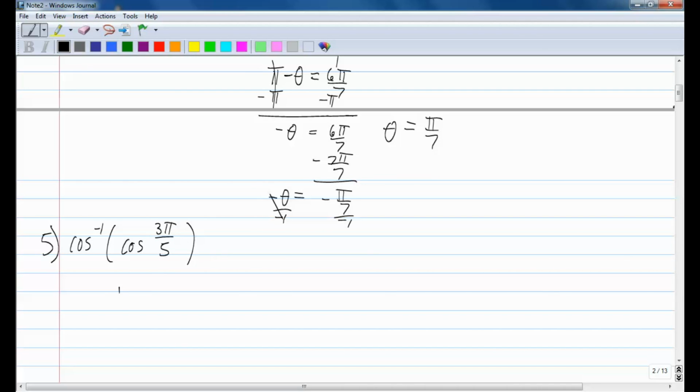Inverse cosine is defined between 0 and pi. So is 3 pi over 5 between 0 and pi? Yes, it is. So that means my answer is 3 pi over 5, since it's between 0 and pi, because that's where inverse cosine is defined.